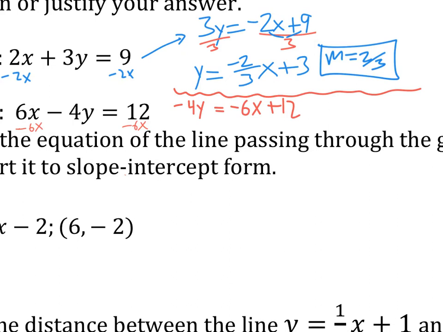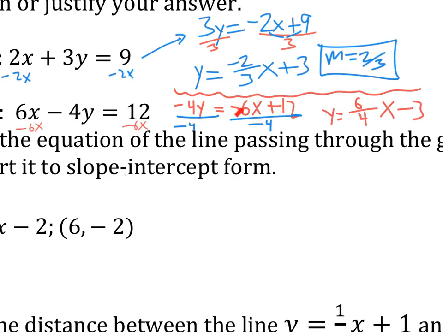And then if we divide everything by negative 4, because we're trying to solve for y, then we get the equation y equals negative 6 over negative 4, which those negatives will cancel, so that's going to be 6/4 x, and then we have 12 divided by negative 4, which is negative 3.